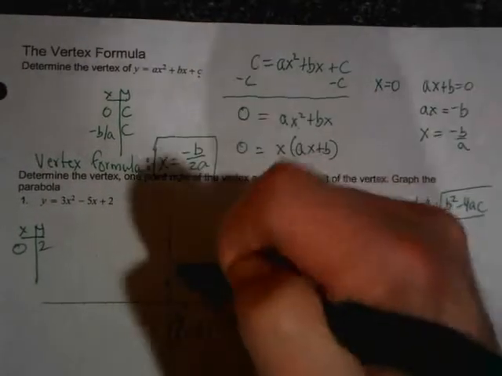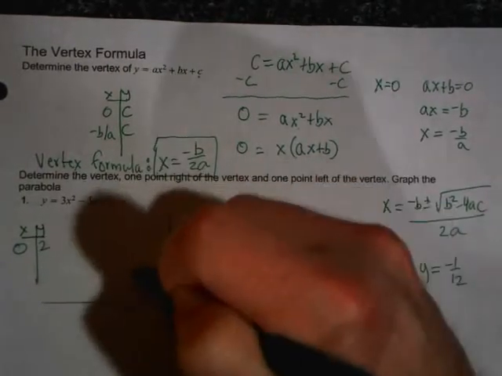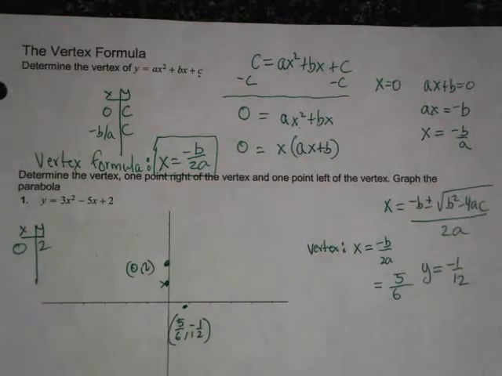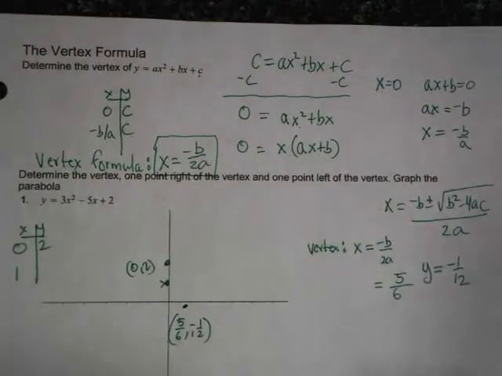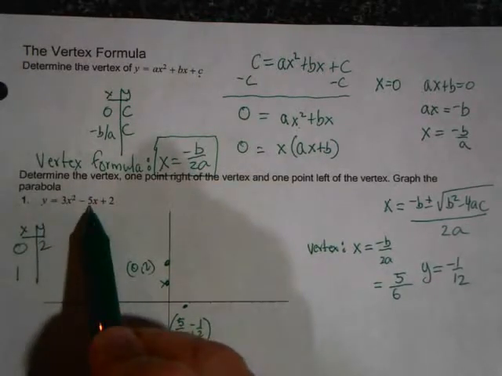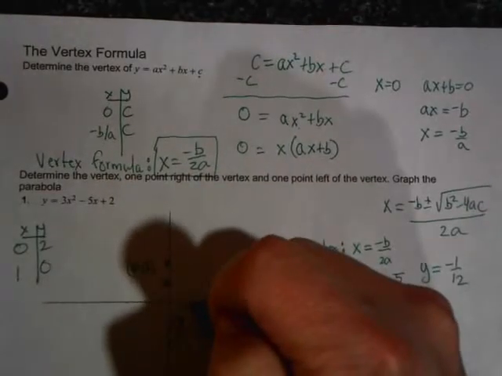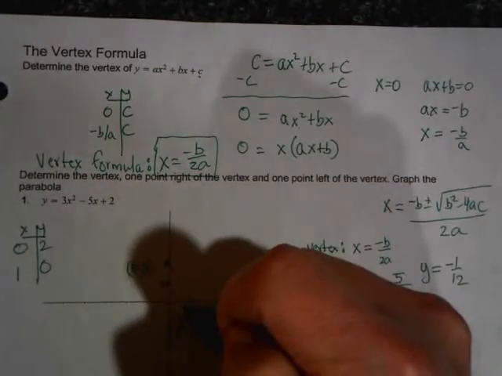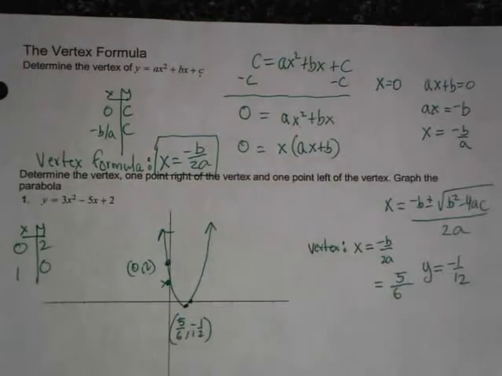Oops, that's 0, 2. Forget about that point right there. There's 0, 2. And then I plug in a number bigger than 5/6. I'll go with 1. Seems pretty easy. Plug 1 in, I get 3 minus 5, that's negative 2. Negative 2 plus 2 is 0. So that would be right there. So my parabola looks like this. Okay?